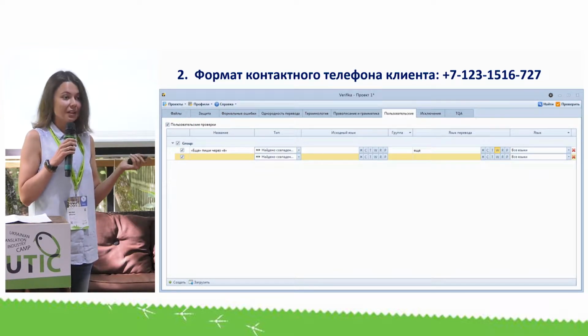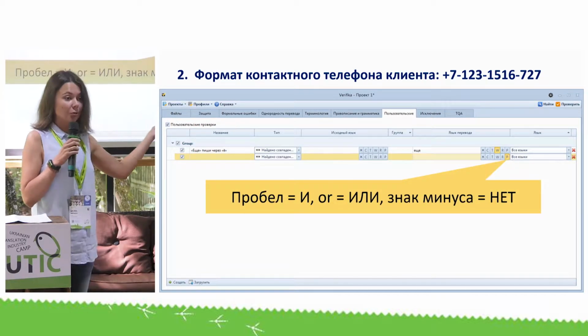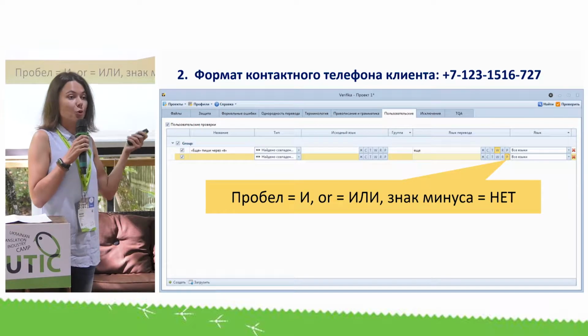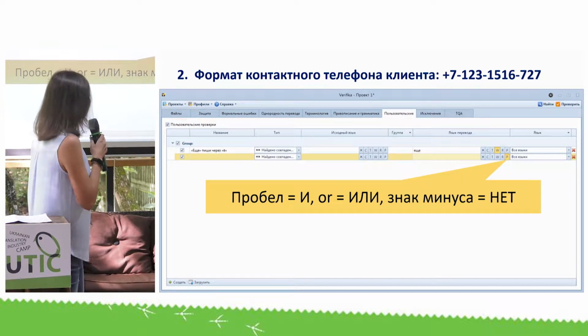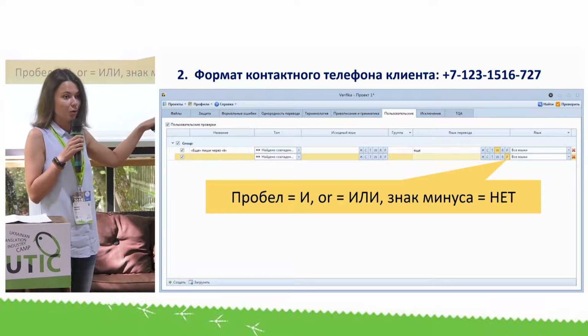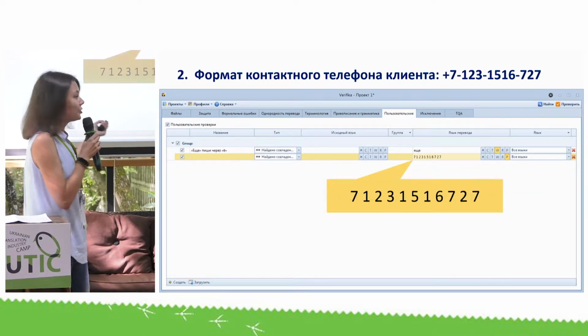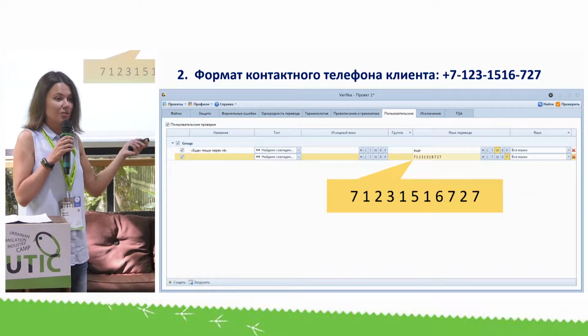But of course, we can't list all the possible incorrect formats. That's why we have the next parameter, Boolean logic. If we press the P button, then the space will mean "or," and the minus sign will mean "no."